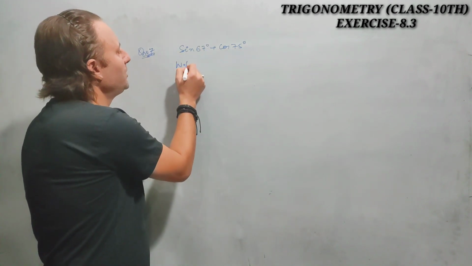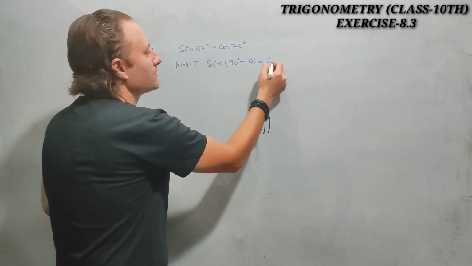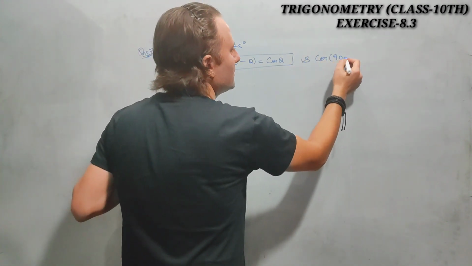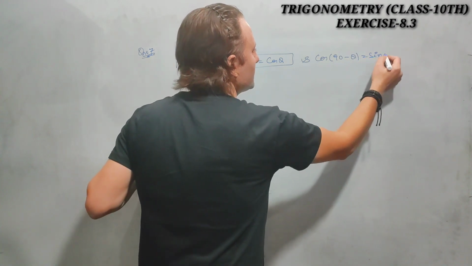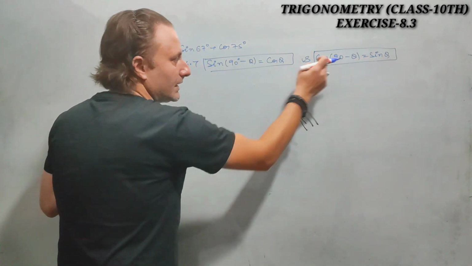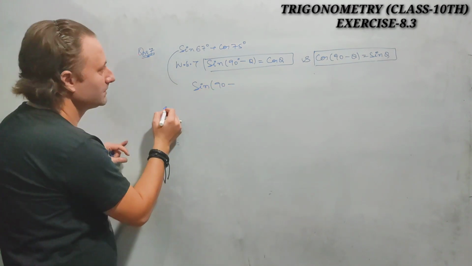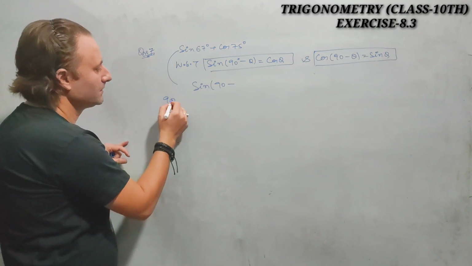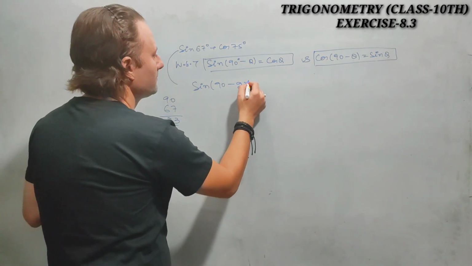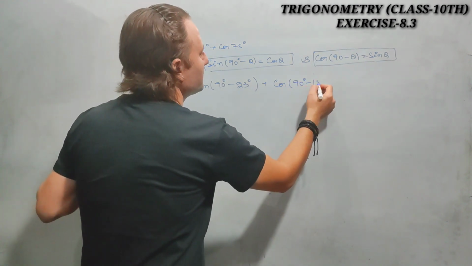I can write here, we know that sine (90 minus theta) is equal to cos theta, and cos (90 minus theta) is equal to sine theta. Now what do we have here? I can write this as sine (90 minus 23), since 90 minus 67 is 23, and here cos (90 minus 15).